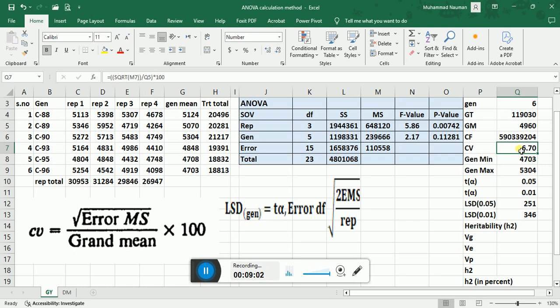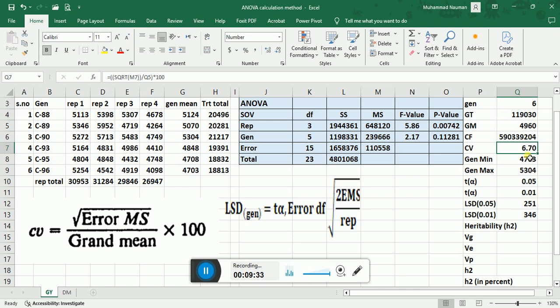If CV is less than 10%, the experiment is highly precise with very little environmental error. If CV is between 10 to 20%, the experiment is reasonably precise with moderate variation caused by environmental factors.